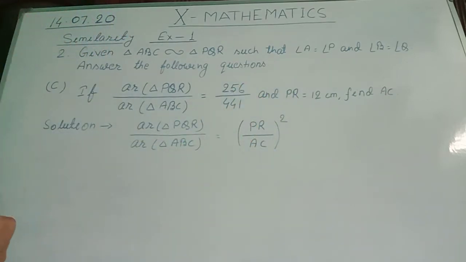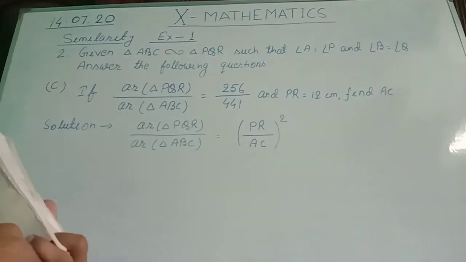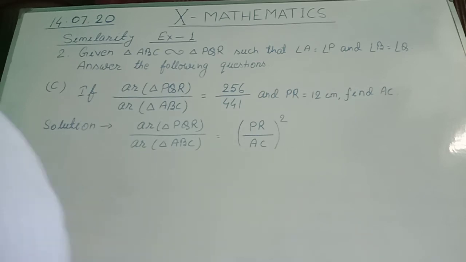We take these corresponding sides. One information for you, we take the ratio of corresponding sides as per the given informations. If PR and AC, these two sides are mentioned in the question, it means PR and AC are the corresponding sides. PR is the side of PQR, so I used as the numerator, and AC is the side of triangle ABC, so I used as the denominator.